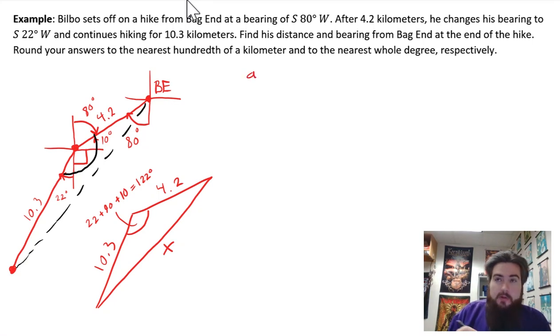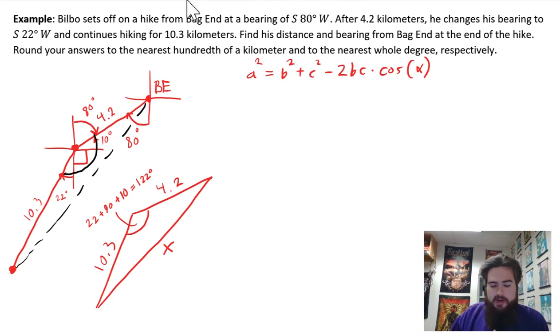Using the law of cosines, which would normally be a squared equals b squared plus c squared minus 2bc times cosine of alpha, I plug in values accordingly for this triangle.